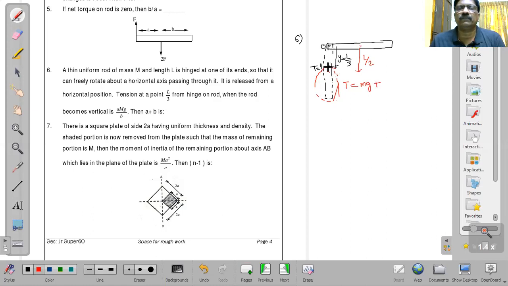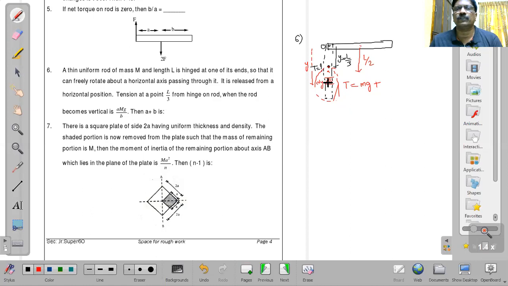Plus the force that acts at this point due to rotational motion. The centrifugal force acts on the body due to rotational motion. For example, suppose you consider one element here, at a distance y from the axis of rotation, with length of the element dy.